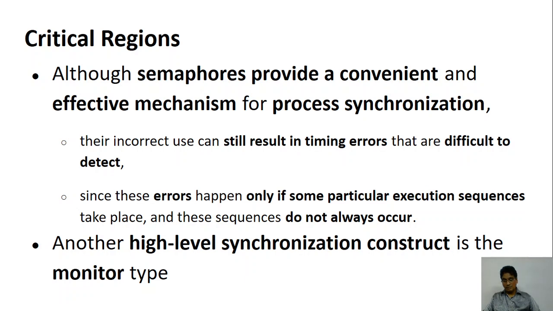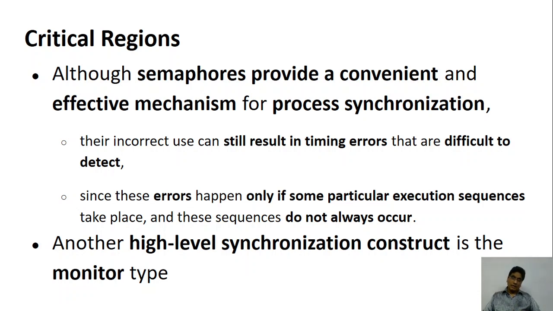And when there is a timing error, you will not be able to synchronize the activity. Remember, this kind of error does not occur in a general execution. They occur at some particular sequence. Only if that sequence is called, then the timing error will lead to the processes not getting synchronized. So this is a bit difficult because it does not always occur.